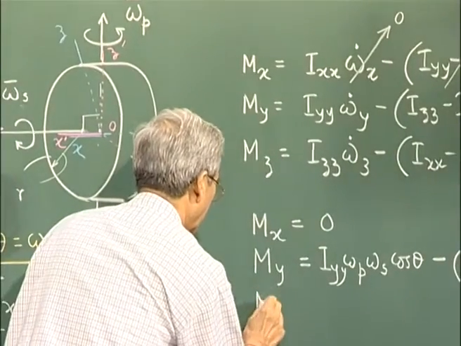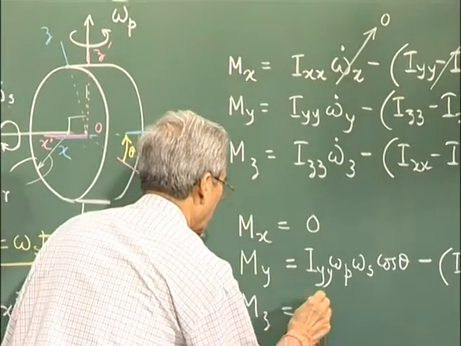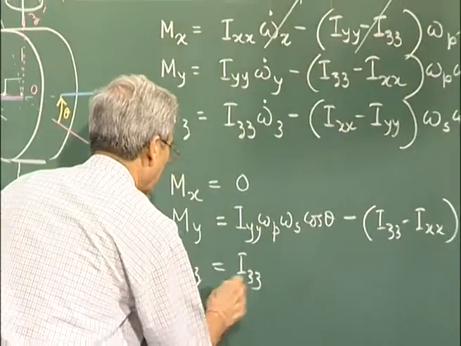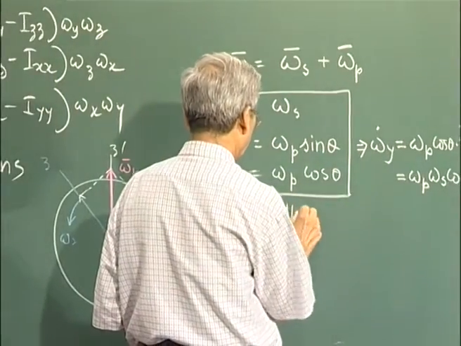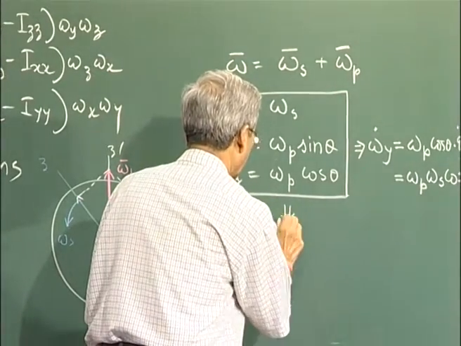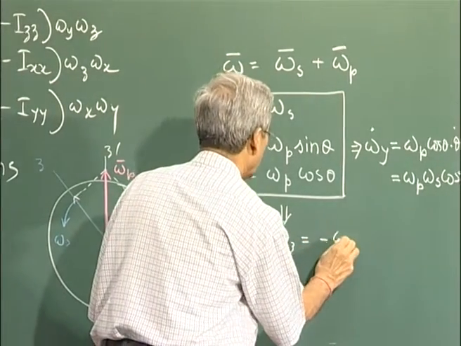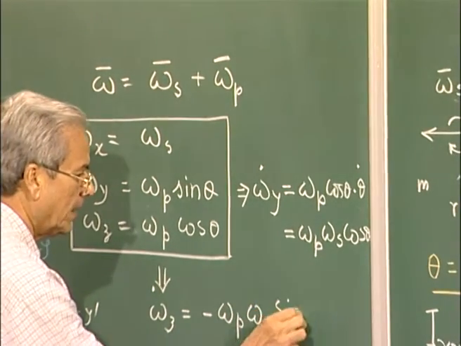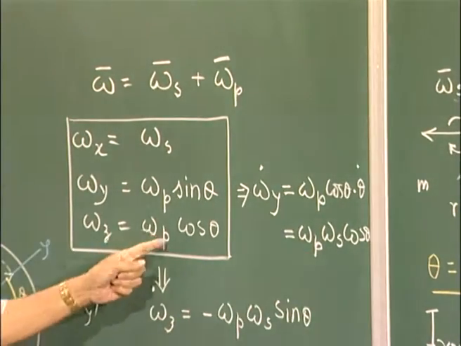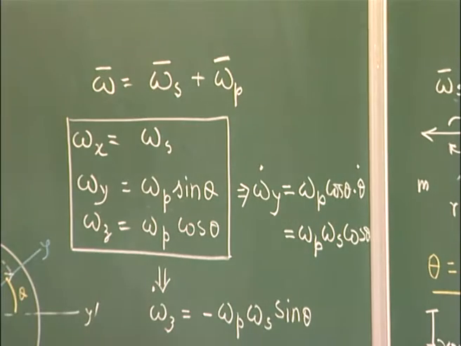And similarly the z component will be I z z omega z dot. Now, from this we get omega z dot is equal to minus omega p omega s sin theta. In a similar way, differentiate this, this is constant, cosine theta if we differentiate is minus sin theta, and theta dot is equal to omega s.